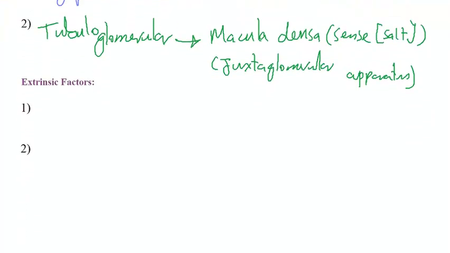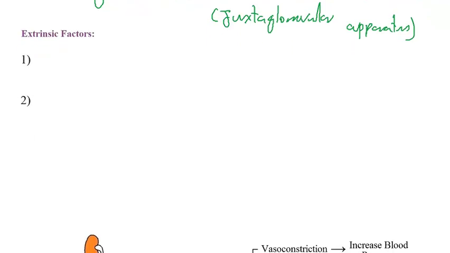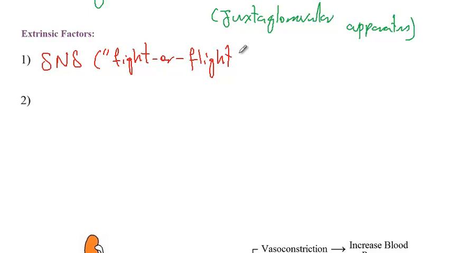Now, there are also extrinsic mechanisms. These extrinsic mechanisms depend on the sympathetic nervous system, the other name for which is the fight or flight response.